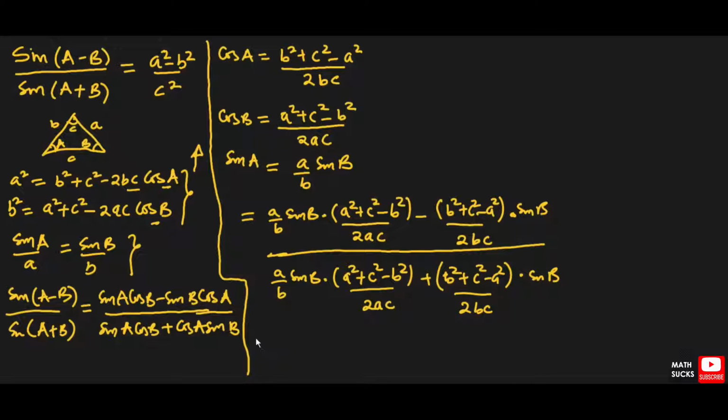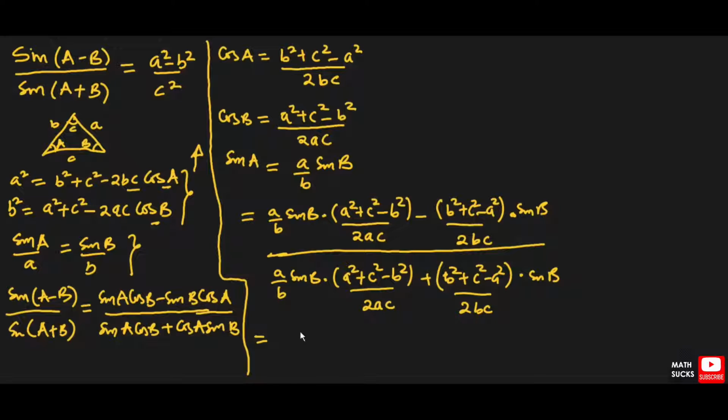Observe that the sine B is everywhere. It's a common factor, so we can pull it out and cancel it, or we can just cancel it directly everywhere since it's common. And then we can also observe that A is up here, so it can cancel with that, right? So this doesn't cancel with anything, and also down here it can cancel.